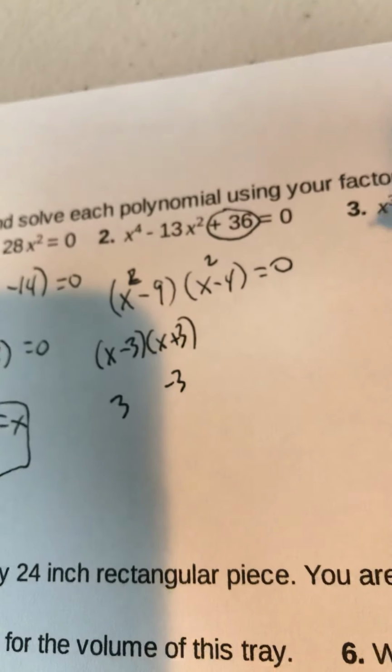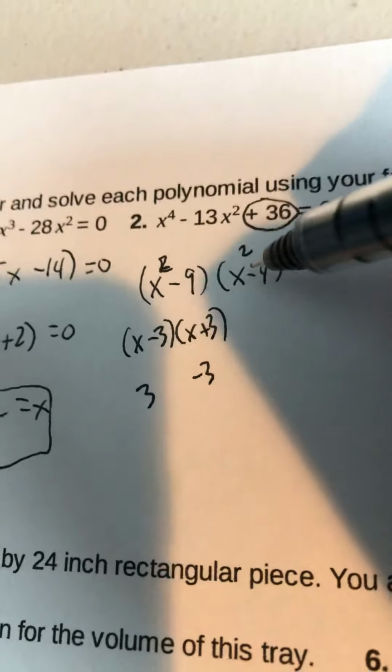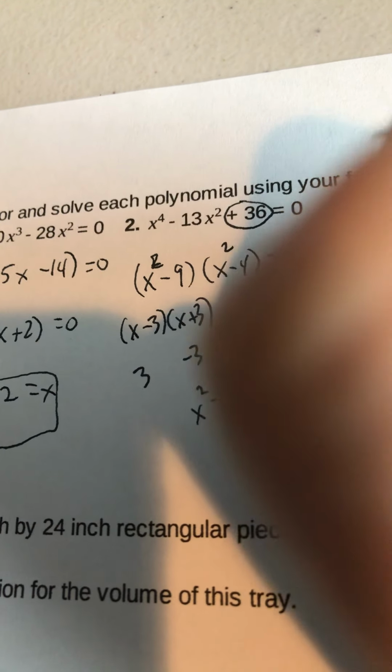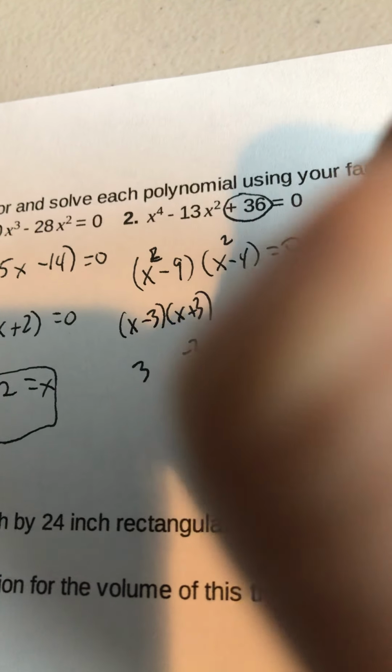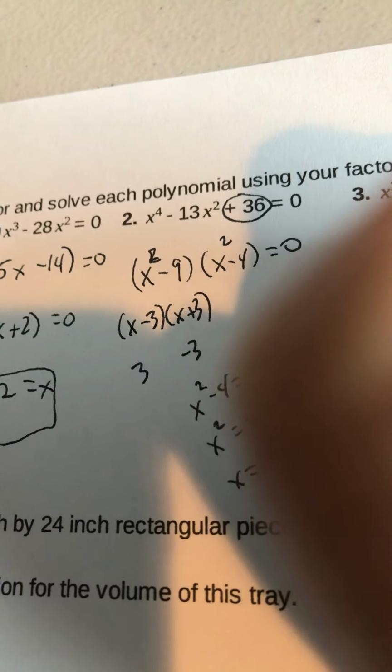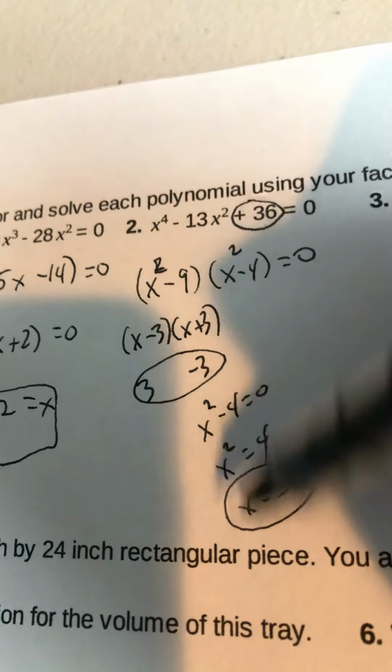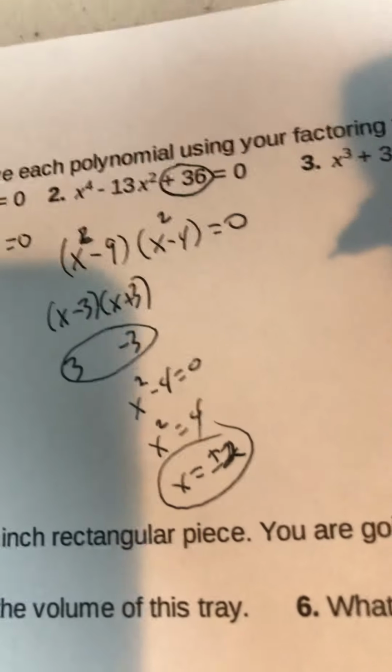And then our solutions would be 3 and negative 3. But our other option would be just set that equal to 0 and solve it. So if I set x squared minus 4 equal to 0, I can quickly solve that. And there's our 4 solutions. So plus or minus 3 and plus or minus 2 are your solutions on number 2.